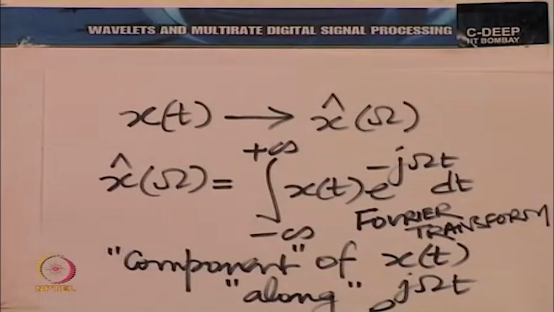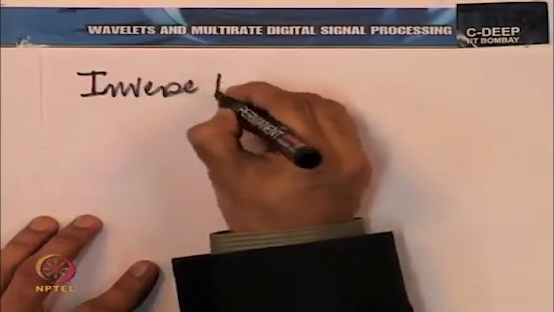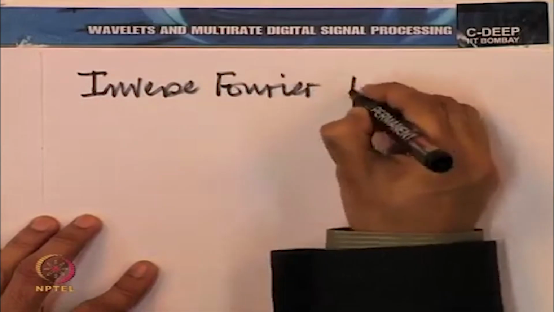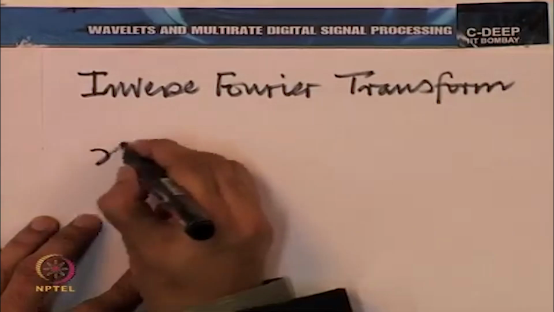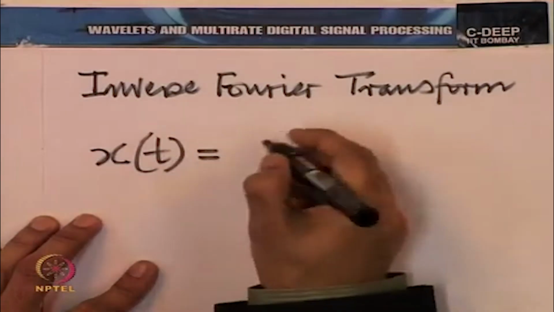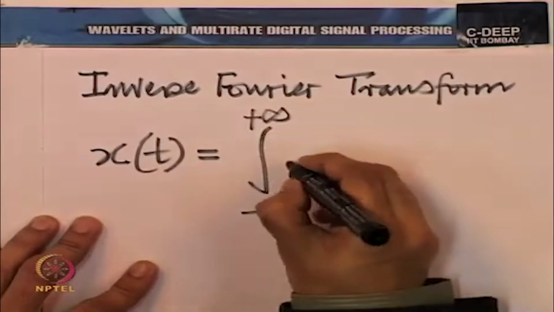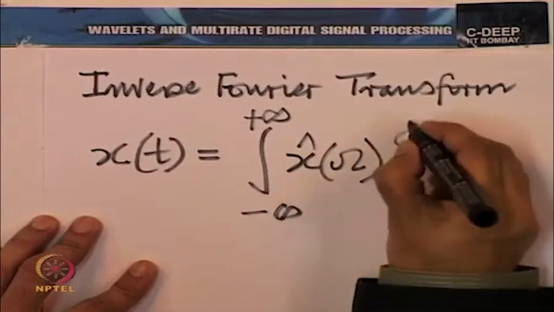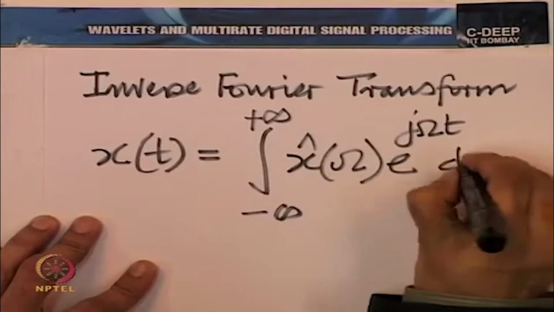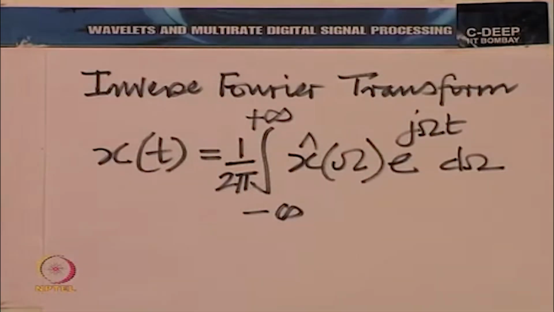And we have the inverse Fourier transform, which reconstructs x(t) from its components, with a factor of 2 pi here, and you will recall the interpretation that we gave this.